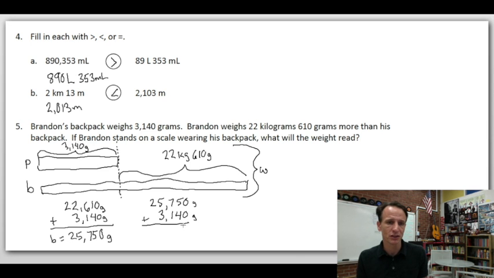No regrouping at all. 0 and 0 make 0. 5 and 4, 9, good. 7 plus 1, 8. 5 and 3, also 8, drop that comma. 2, we're adding nothing to. And it's grams. We can see by a quick estimate, just by looking at the largest place here, 22 plus 3 is 25, plus 3 again is 28. Oh, and we got 28,000.